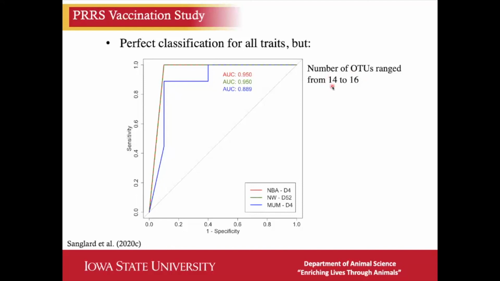Okay, so remember that these animals had vaginal microbiota collected before they were vaccinated. So they can actually be screened for you to identify which will be the best animals. So you can cull the bad animals, or you can actually make the bad animals perhaps as good as the other ones.